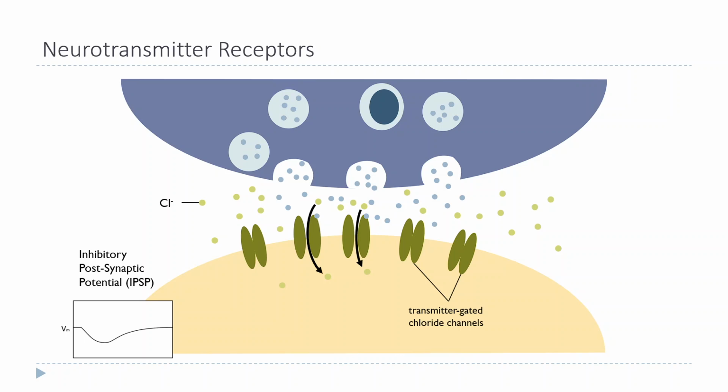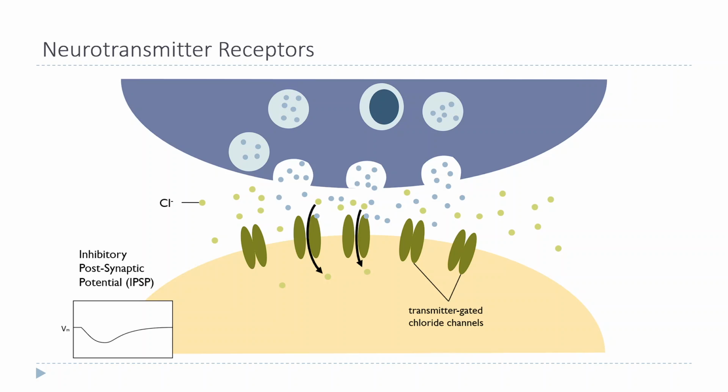Or if the membrane is already at the equilibrium potential for chloride, then the membrane potential won't change, but it also will be harder to increase. So if you have a depolarizing current, let's say from a different synapse where sodium is coming in, then it will take more depolarization to trigger an action potential.